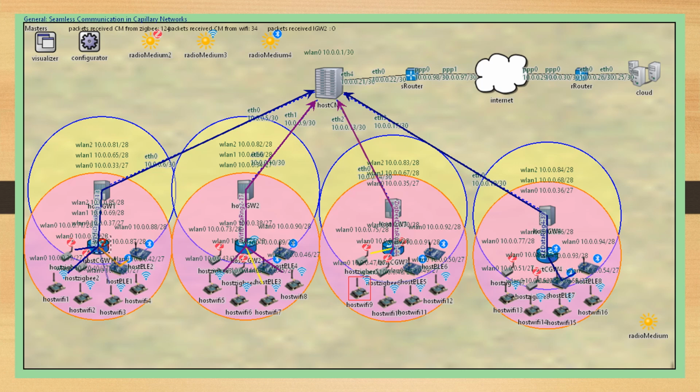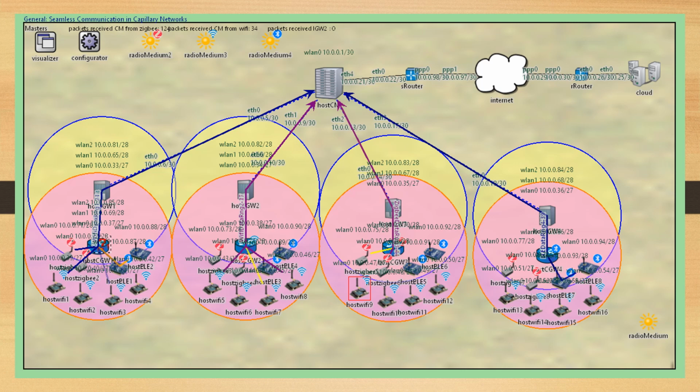Here is a screenshot of the simulated network topology. As we can see, we have 4 ranges with 4 capillary gateways. The first capillary gateway on the left side is the proposed and modified gateway with all technologies.